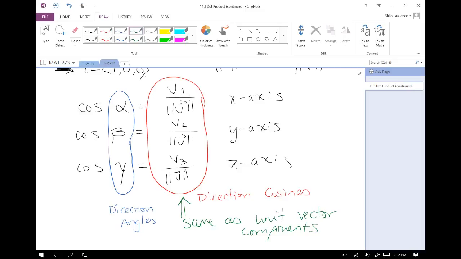The easiest way to do those is to remember that i is 1, 0, 0, j is 0, 1, 0. And if you can actually see them written out as components, it's a lot easier to see what's going to get multiplied, what's going to get added. So anywhere you see i, j, k being used, I would write out what the actual components are for that vector. It'll make more sense. It'll be easier.